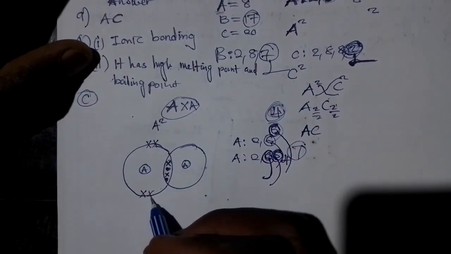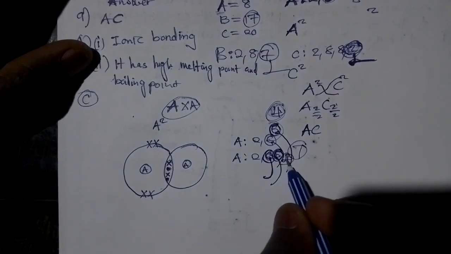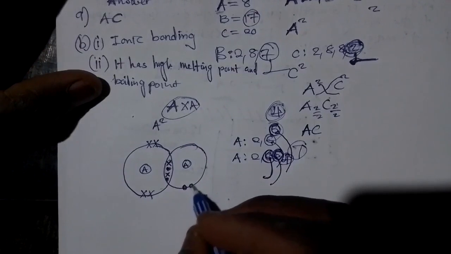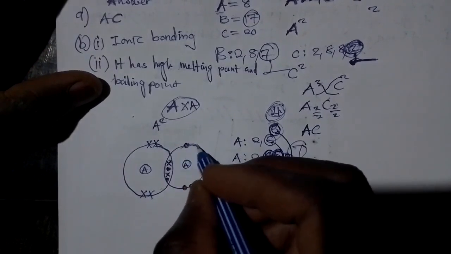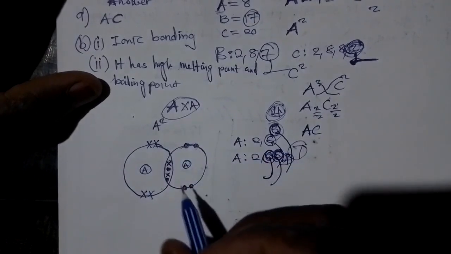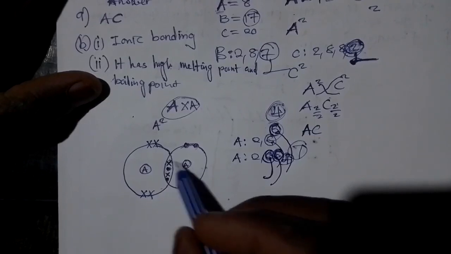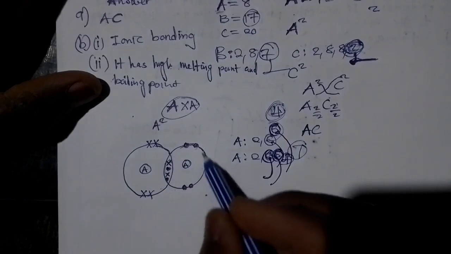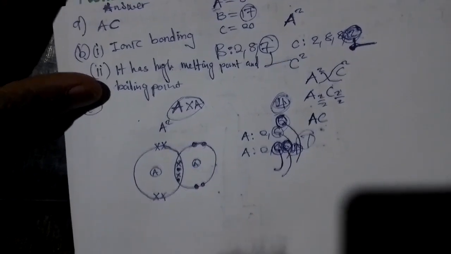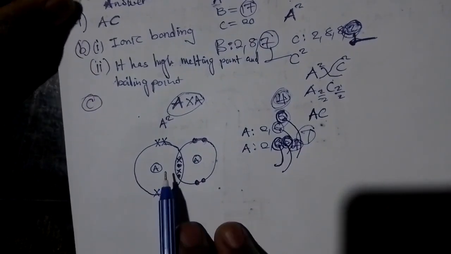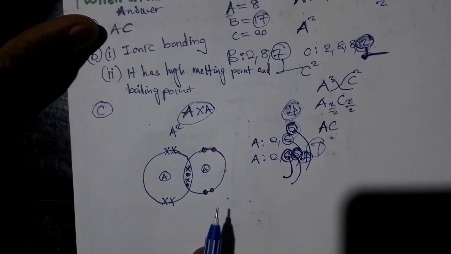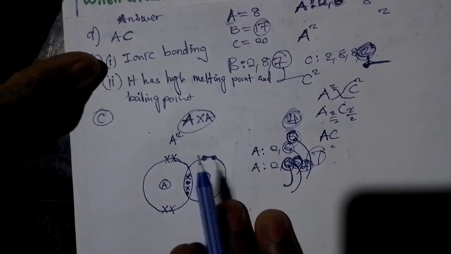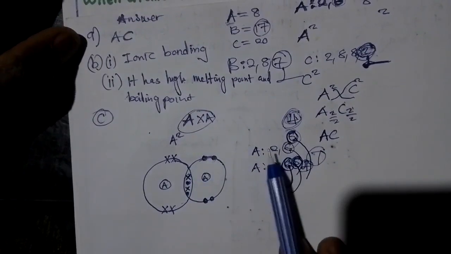Even this one here, the remaining electrons, I'm going to put them in the outermost shell: 1, 2, 3, 4. If I count, the electrons I'm going to have here are 8, and even here, 8. So this one is the structure of the product which is going to be formed when atoms of A combine.